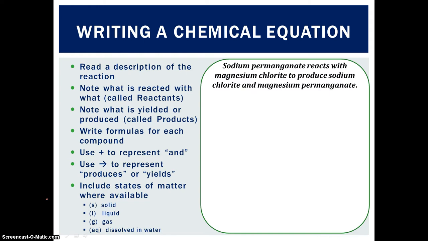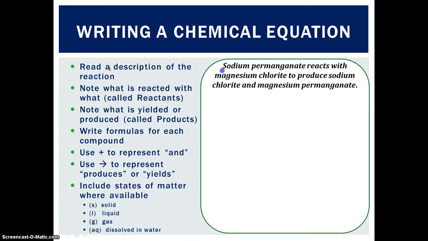So let's do our first example. We have sodium permanganate reacts with magnesium chloride to produce sodium chloride and magnesium permanganate. Now remember, the first step is to read the description of the reaction, which is what I just did. Now note what's being reacted with what.